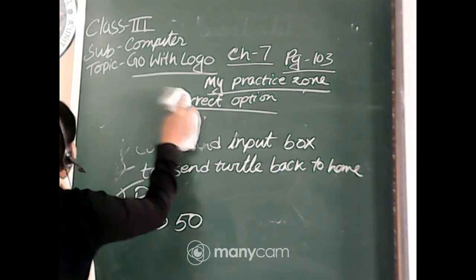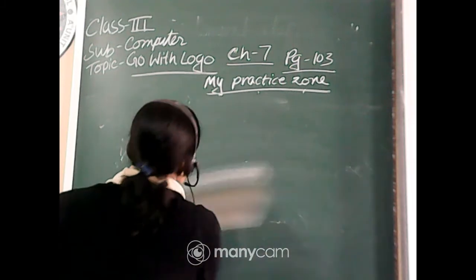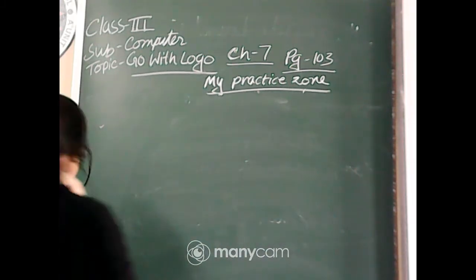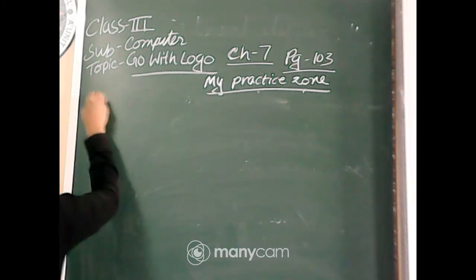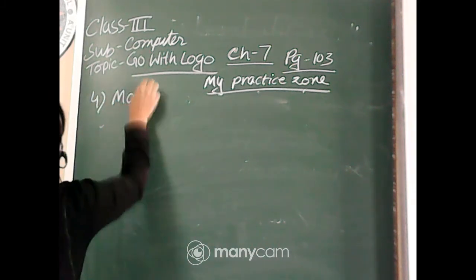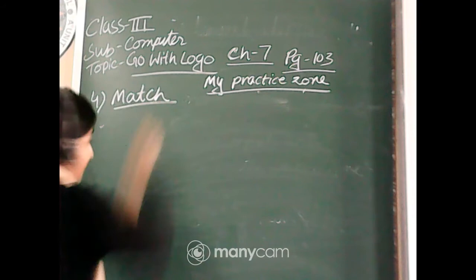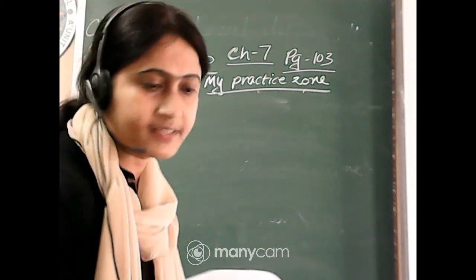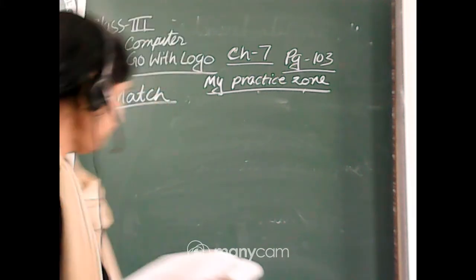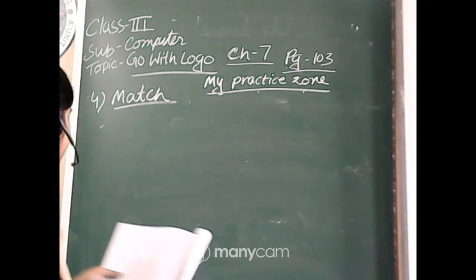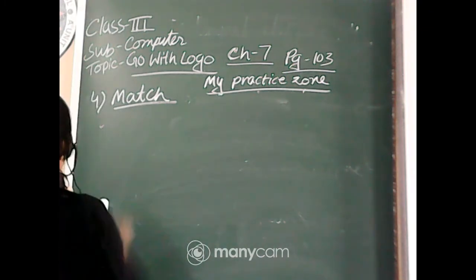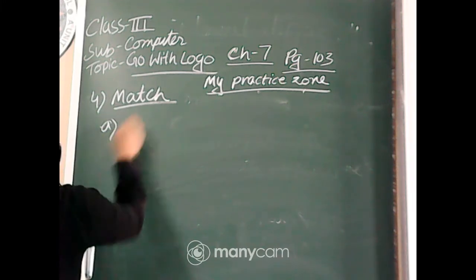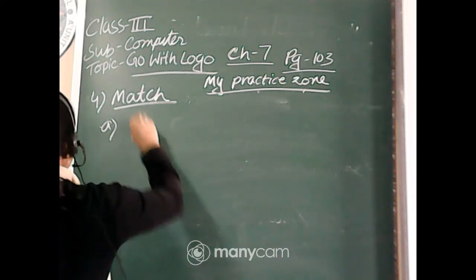Number 4. Match the following. Okay, now the left side is: number A, this type of arrow.